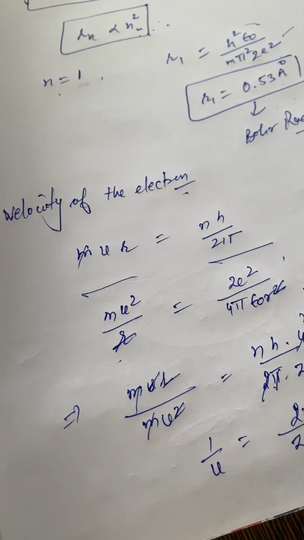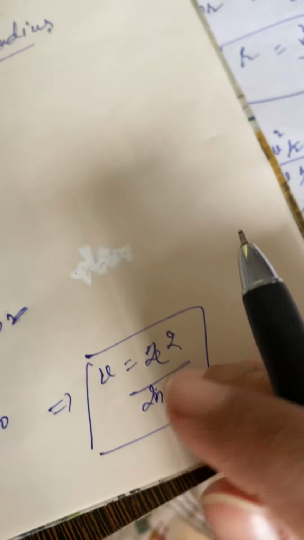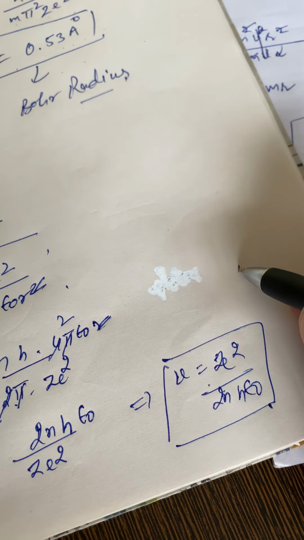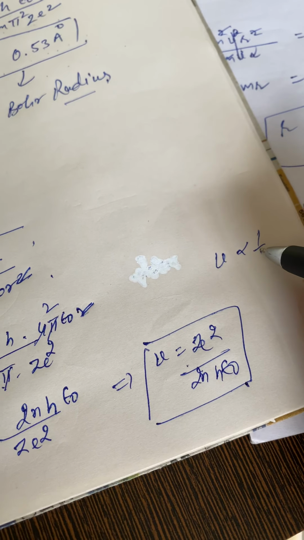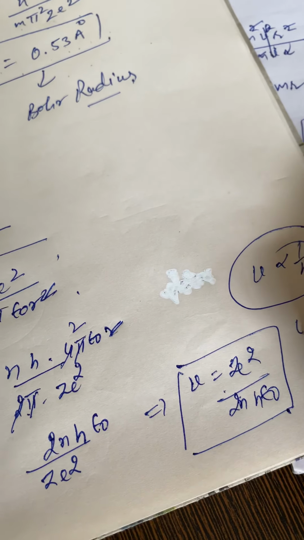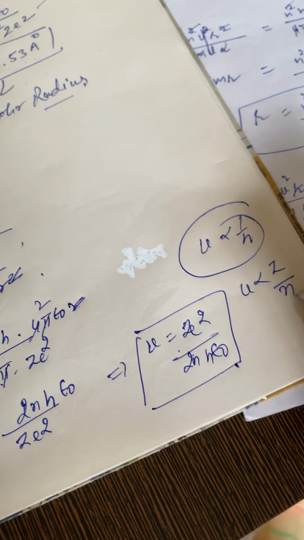So from here we see v is inversely proportional to n, or v is proportional to Z by n.